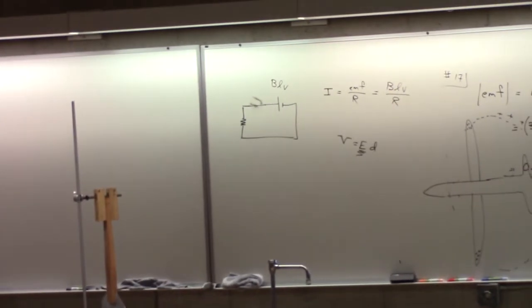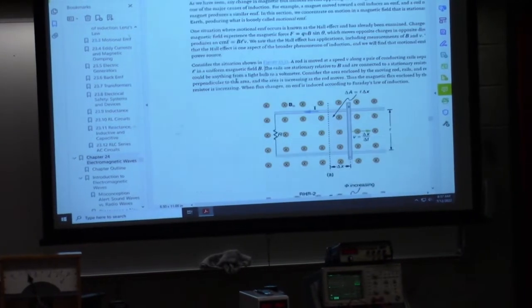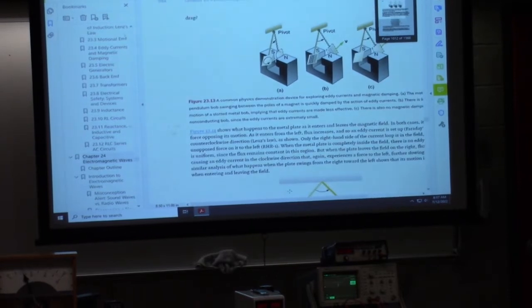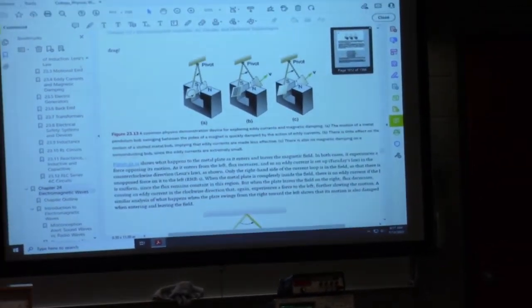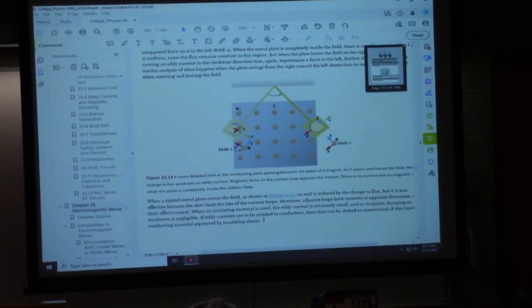And your author does a good job in this next section. Section, I believe, 4 here. He shows this picture. Maybe this will be a better picture.